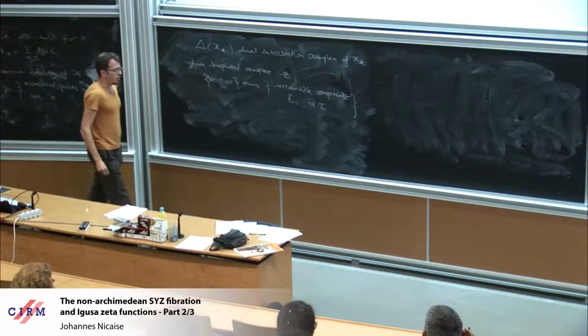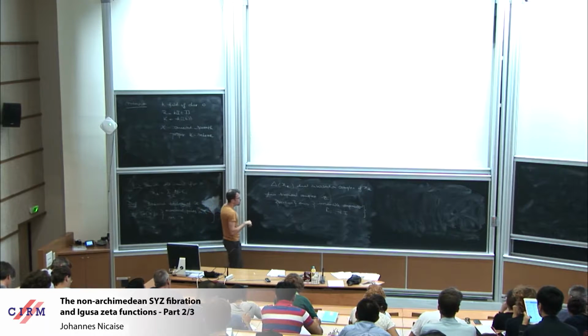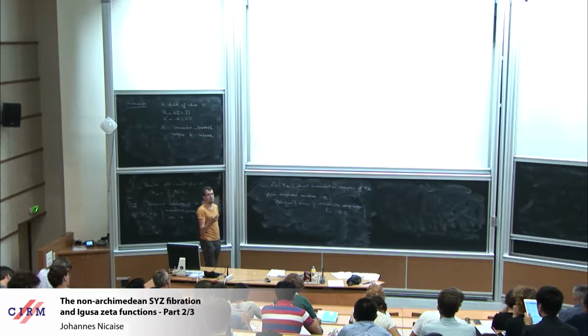And then we have to decide how these vertices are glued together inside the dual intersection complex. And for this, we use the geometry of the strata of the special fiber of higher codimensions.